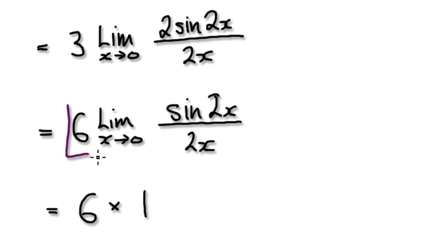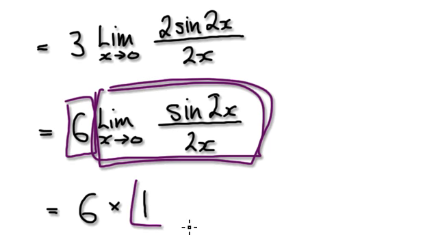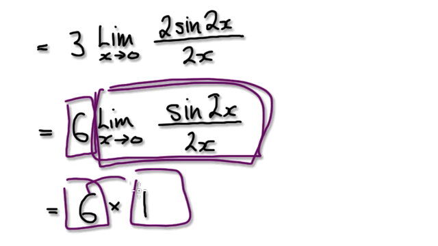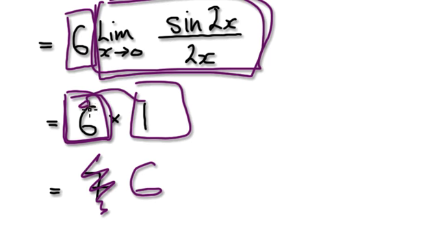So it's just a matter of getting this times this, and this thing happens to be 1, so it's just 6 times 1. Now 6 times 1 is 6, not 7. 6 times 1 is 6.